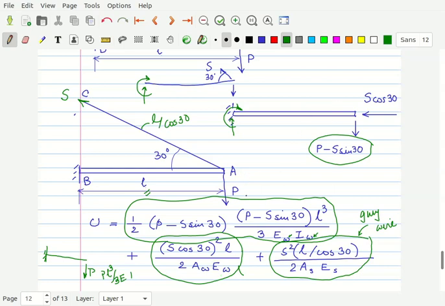So this is the bending strain energy for the cantilever, this is the axial strain energy for the cantilever, and this is the axial strain energy for the guy wire.